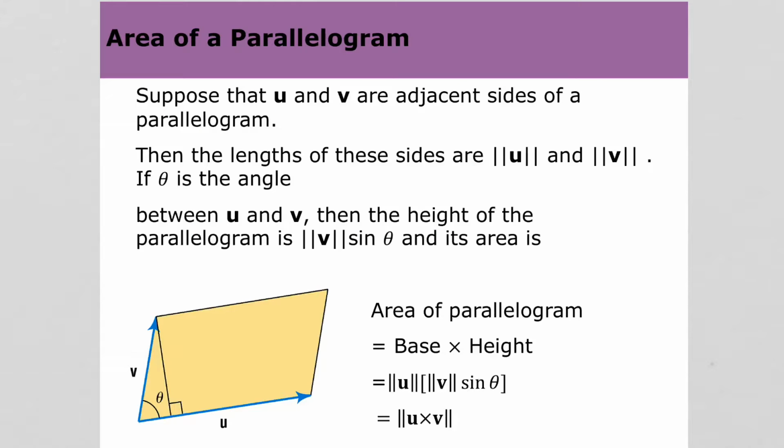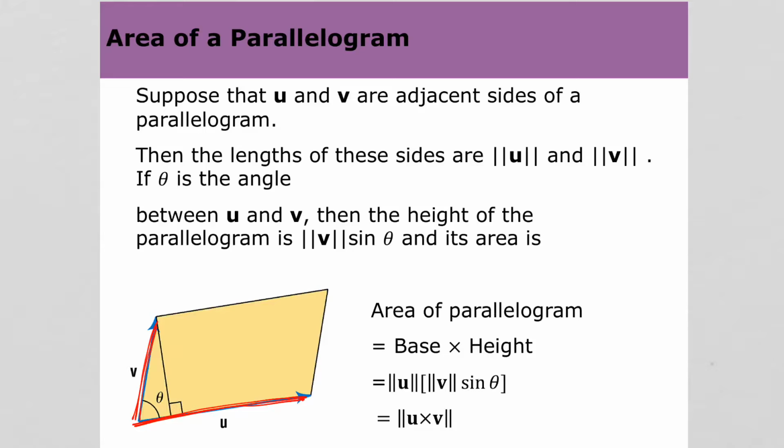For our last example, we are going to use the area of a parallelogram, the fact that it is the magnitude of the cross product of two adjacent sides of the parallelogram. So if vector v is one side and vector u is another adjacent side, then it's basically like base times height, the cross product of u times v.